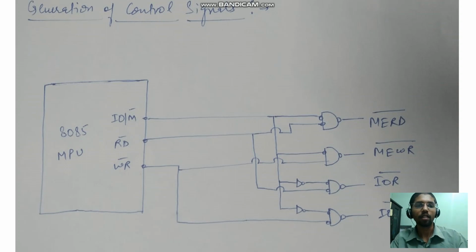We generate these control signals by the use of NAND gates. In the case of IO/M bar, we connect these and, using NOT gates, we develop the input/output operations, because this will go active for them. In this way, this whole circuit can generate control signals by the use of three control lines.